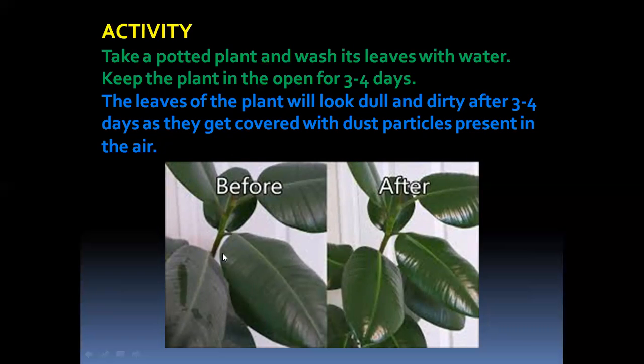When you go to the school or in your house, you can observe how dirty the leaves of the plant are with the dust particles. When you pour water, they become clean like this. So before and after, you can see the picture here. With this, it is clear that the air consists of a lot of dust particles. Is it clear, children?